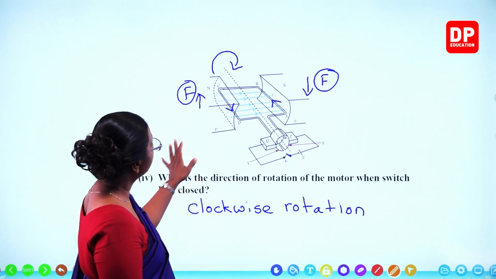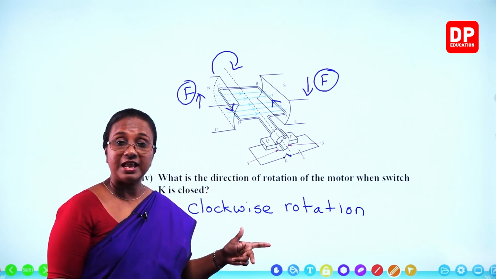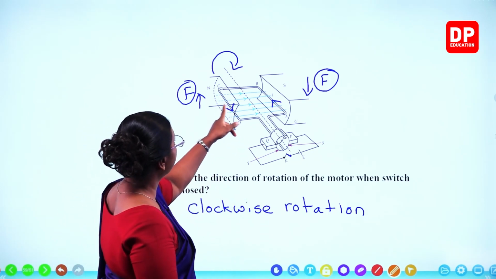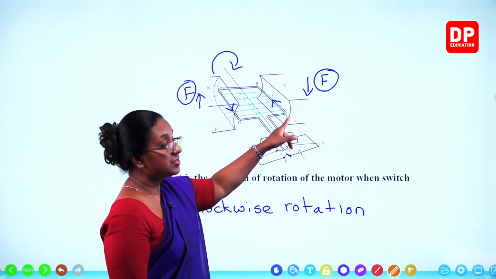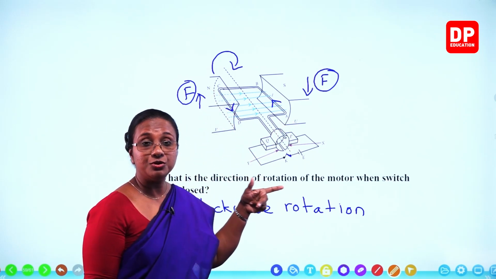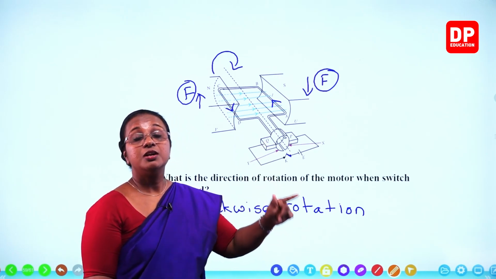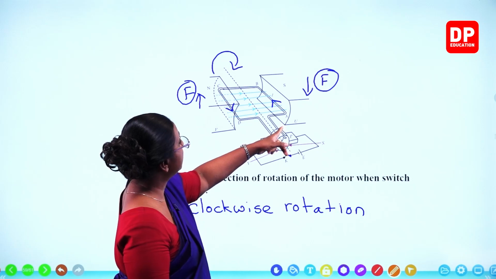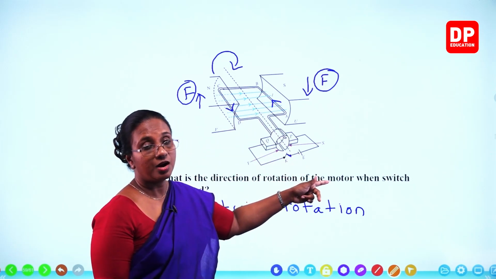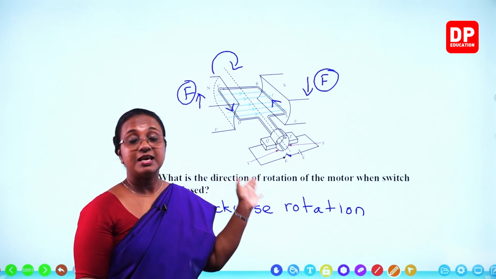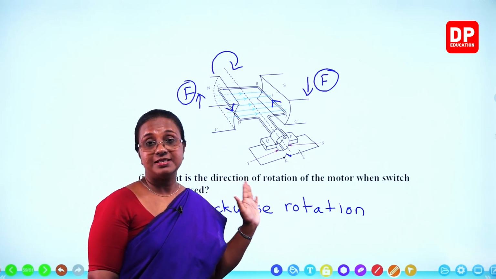So you have to apply the Fleming's left hand rule, and I'm sure once you get used to it, you don't have to apply it for both sides. Once you apply it for one part of the loop, then you know obviously it has to rotate continuously. So let's say if you apply it for AB, you know the force is acting downwards, then from there itself you can understand it's going to be a clockwise direction.